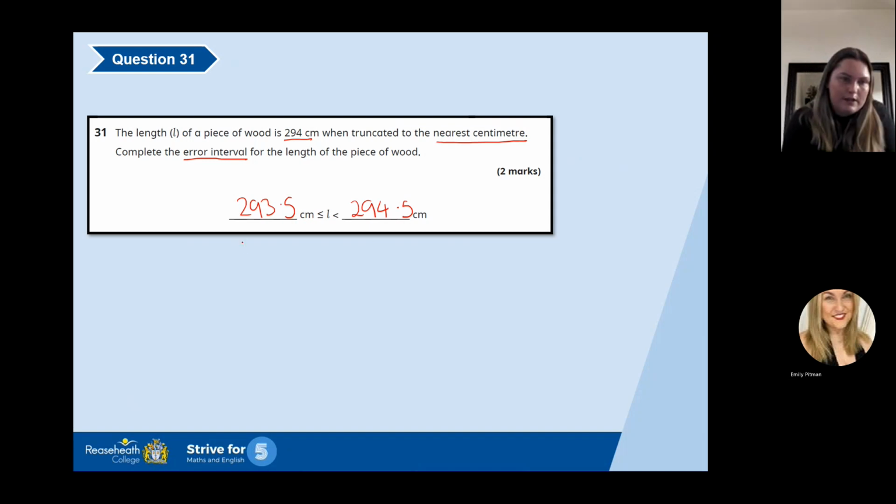Or you could simply write it as 294 and 295, oh, I've written that wrong, 295, so we know it's less than that and less than or equal to 294, so it would go to 294.